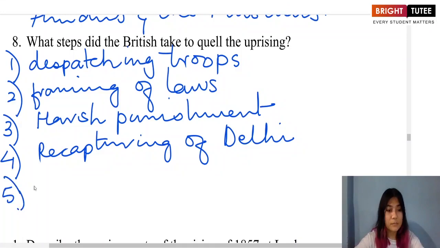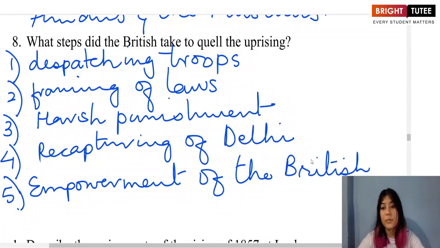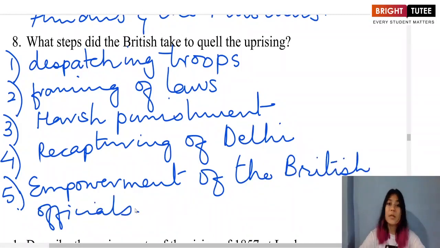Number five, empowerment of the British officials. Now, in order to quell the uprising, the British government gave certain powers to the British officials, and now they could punish the captured Indian rebels.